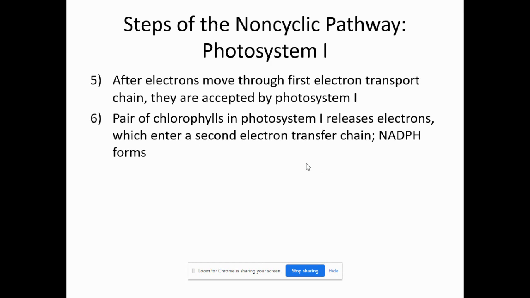Okay, after the electrons move through the first electron transport chain, they are accepted by photosystem 1. Okay, and then they enter a second electron transfer chain. And then at the end of that transfer chain in photosystem 1, you have NADP accepting those electrons, gaining a hydrogen ion to form NADPH.